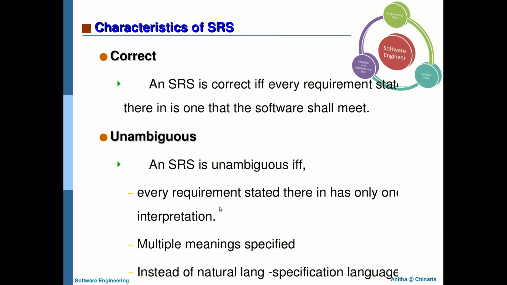So there should not be any confusion in the SRS. If you are going to interpret any requirement, it is going to have only one interpretation. It must not have multiple meanings. If you have multiple meanings, all these things must be specified independently, individually.